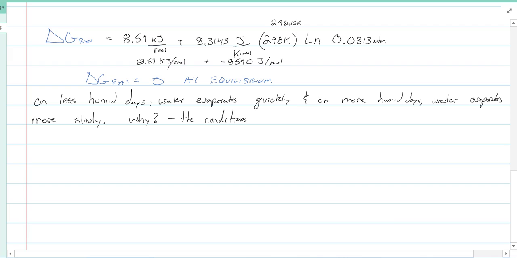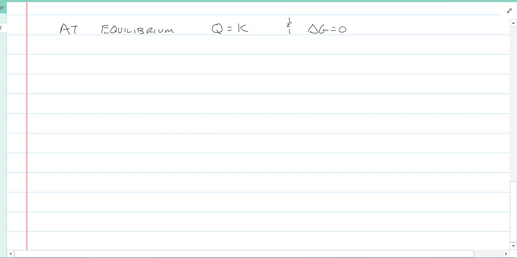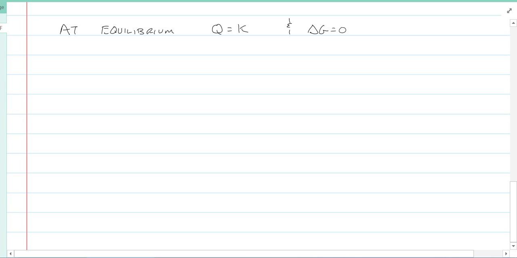Now, this blue here, delta G equals 0. Well, we know at equilibrium, Q equals K, and delta G equals 0. So this is going to get us to equilibrium and free energy.